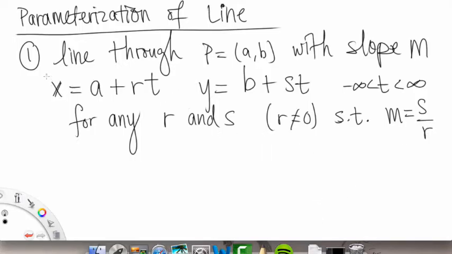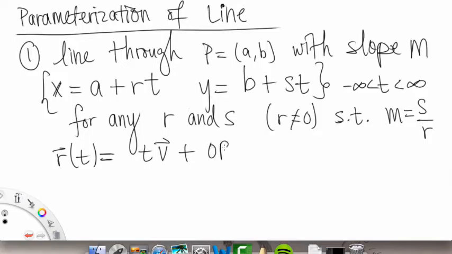And these two equations, the x and the y equations, they actually match up with our vector parameterization of a line. Remember that was t times v arrow plus OP naught arrow. So this was the point that we started at: when t equals 0, this part goes away and we're left with this. This is like our y-intercept, okay?